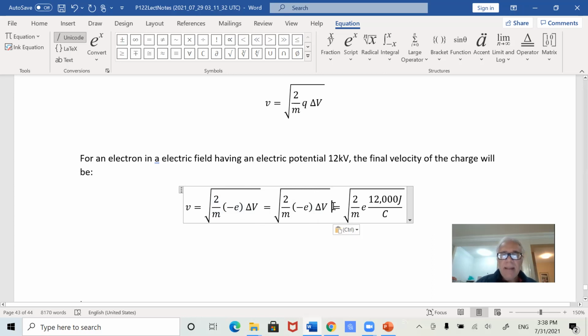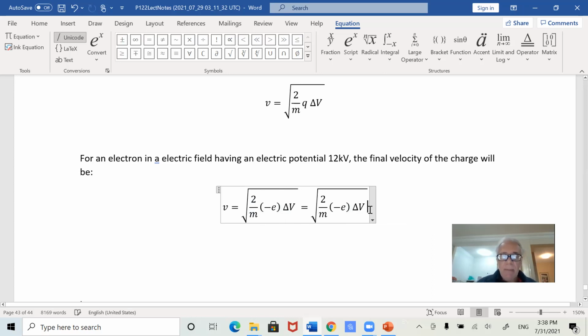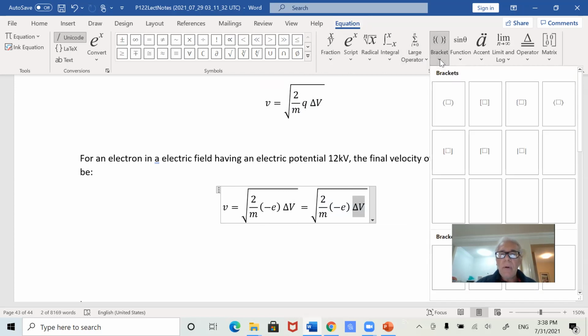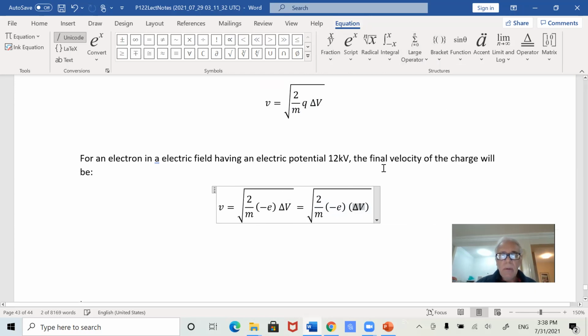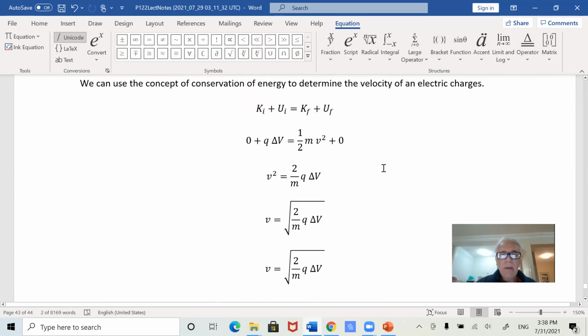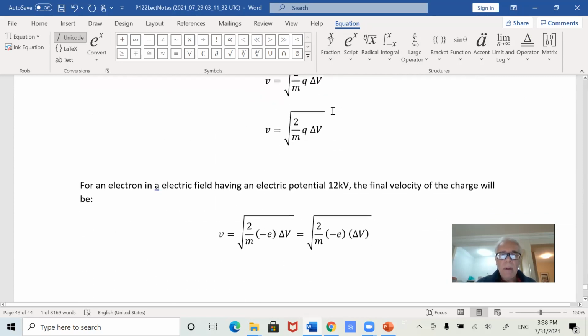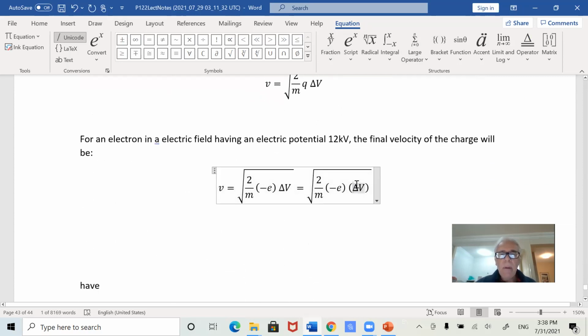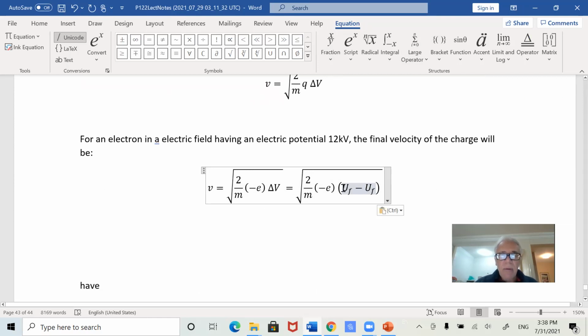So you can see what's going to happen to the negative sign here. This delta V is always what? V final minus V initial. Okay, here we go. V final minus V initial.